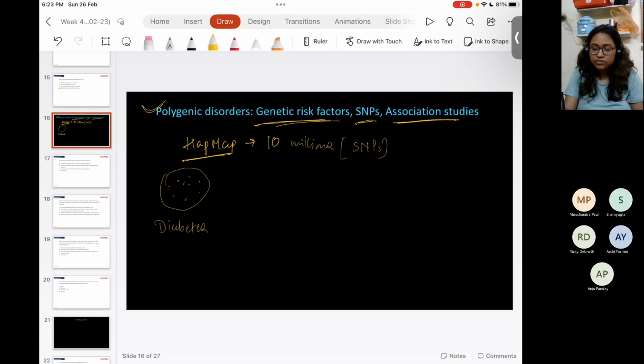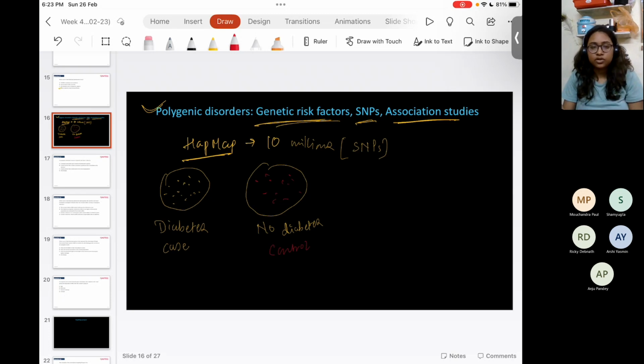These individuals have diabetes, and another group doesn't have diabetes. The people who have diabetes will be called the case group, whereas the group with no diabetes, marked in red, will be the control. The only difference between these two populations is whether the group has diabetes or not.